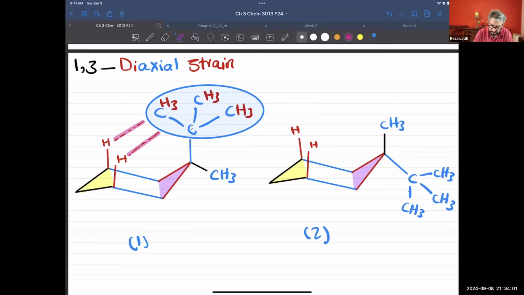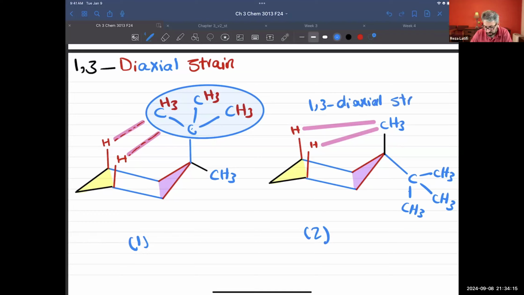So again, I'm going to get that 1,3-diaxial strain. In both cases, we see that. But if you have the tert-butyl in an axial position, it will be way more severe than the methyl group.